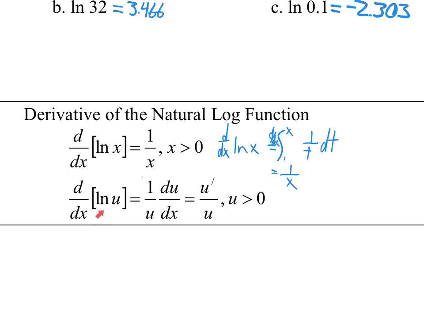So the derivative of the natural log of something is 1 over that something, but then you multiply by the derivative of that inner function. The easiest way I think to remember it is u prime over u. The derivative of the argument over the argument. Really easy way to remember that.